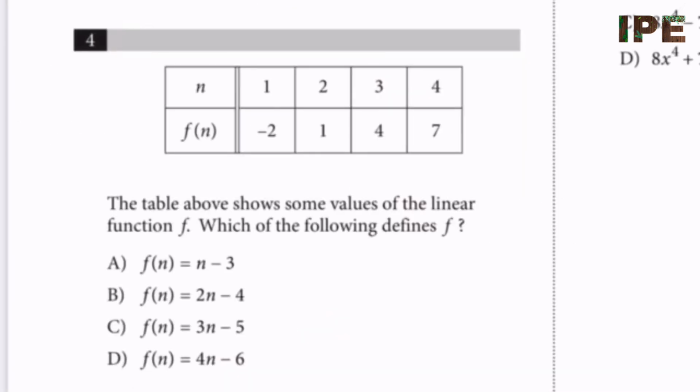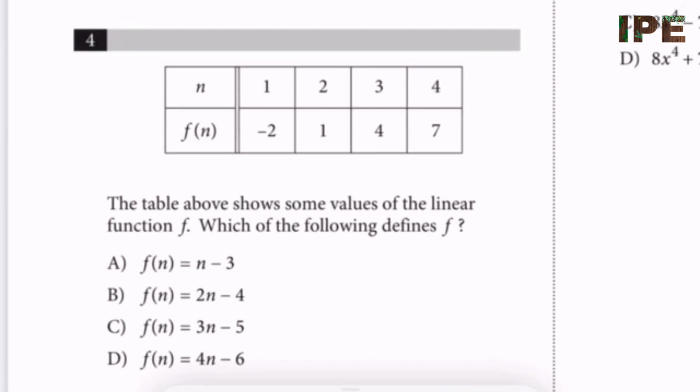The table above shows some values of the linear function f. Which of the following defines f? Just to find f of n. Okay, there are many ways to solve this problem. You can use slope, or you can just use plugging in points.